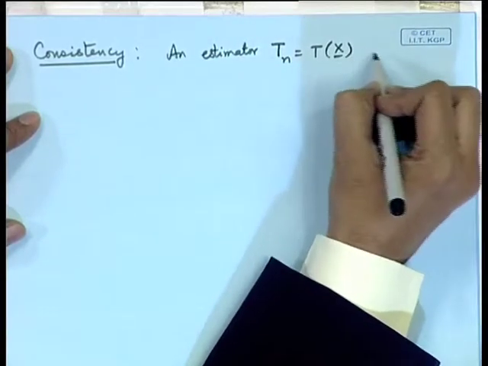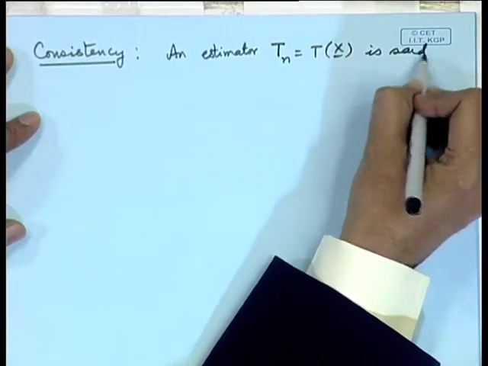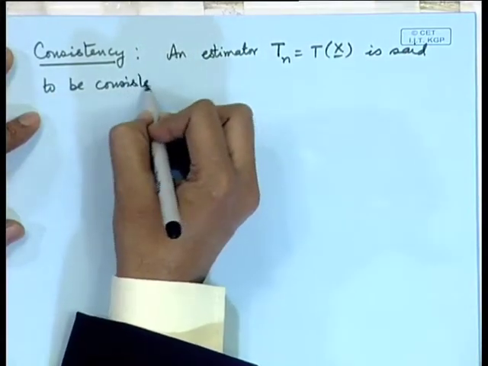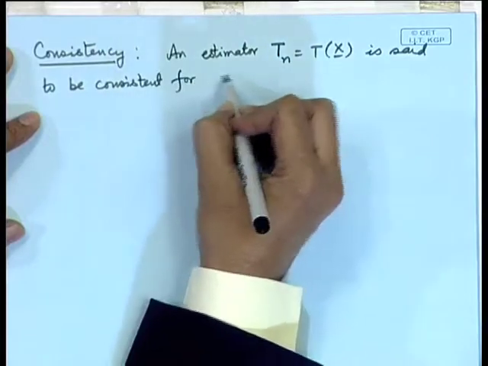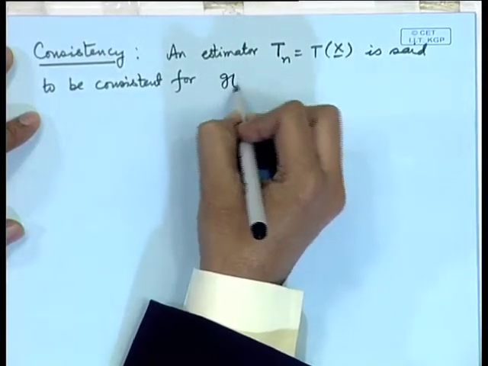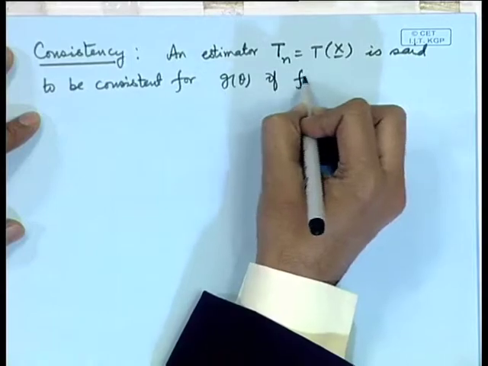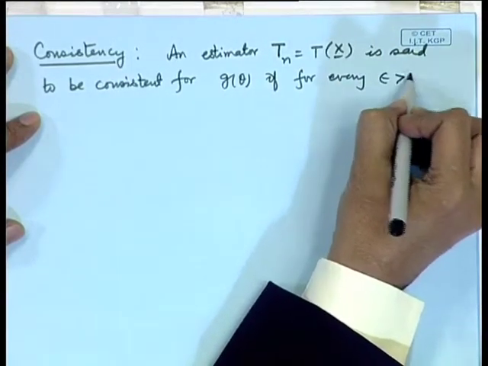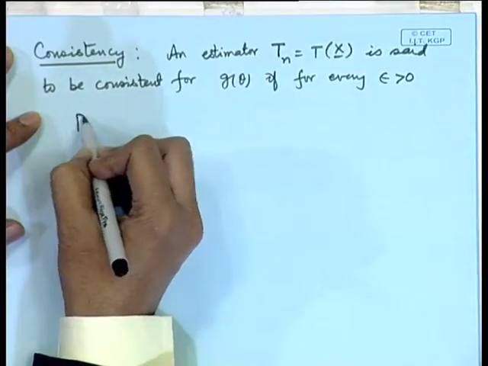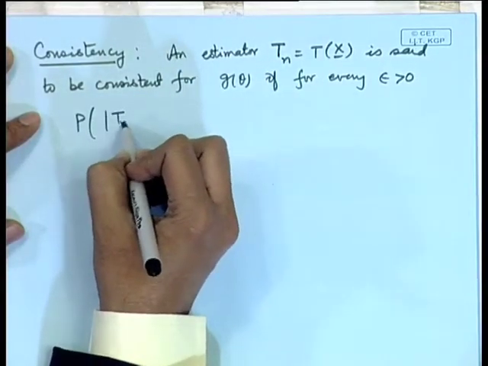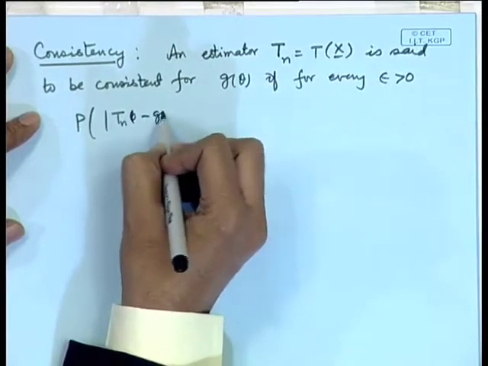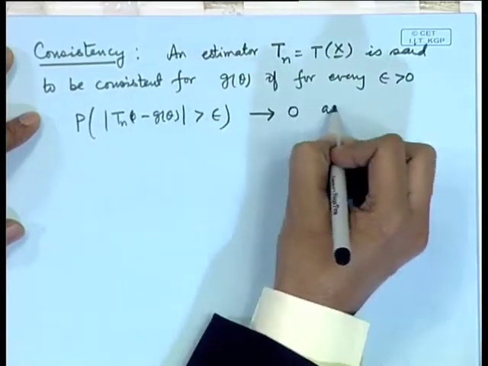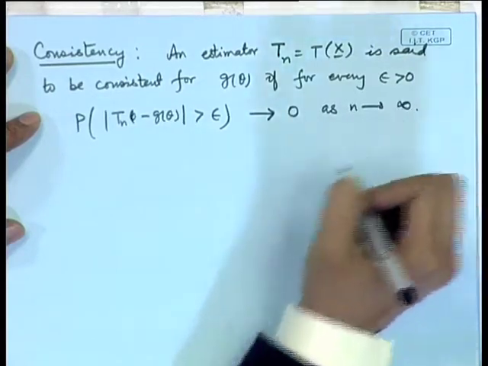So, an estimator T_n is said to be consistent for say g(theta) if for every epsilon greater than 0, the probability that modulus of T_n minus g(theta) is greater than epsilon goes to 0 as n tends to infinity.